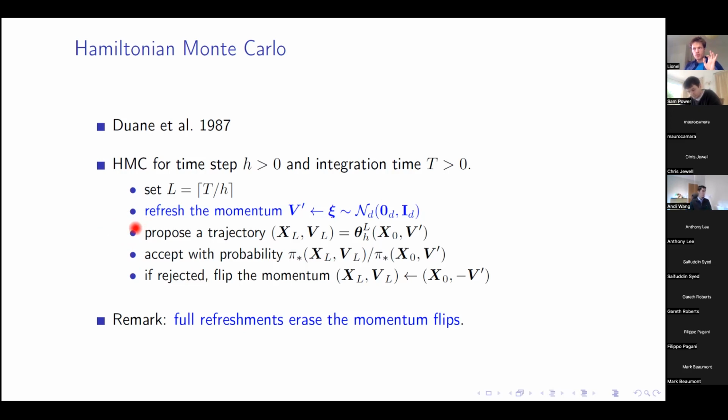There is one property of Hamiltonian dynamics, in addition to the fact that it leaves pi star invariant. One property of the dynamics is that they are so-called time reversible, right? So what it means is that going forward and then flipping the velocity and following the same dynamics actually makes you go back to your original point, right? So essentially going backward is the same as going forward, it's just up to a flip of the velocity, right?